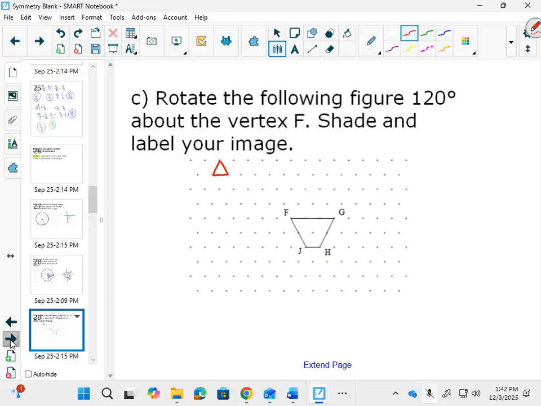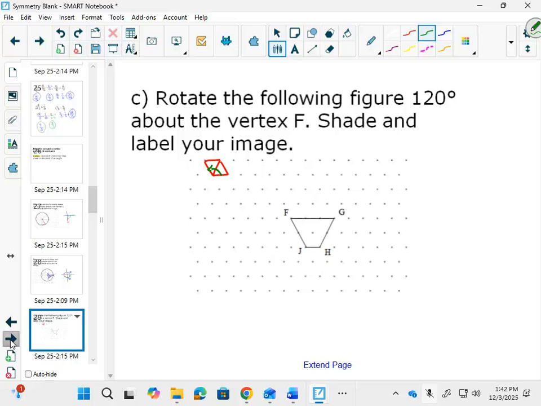We are going to take this shape and rotate it 120 degrees. So if I drew another triangle here, this is 60 plus 60. This is how much we want to rotate it, 120 degrees.